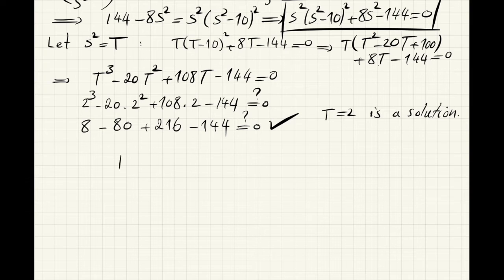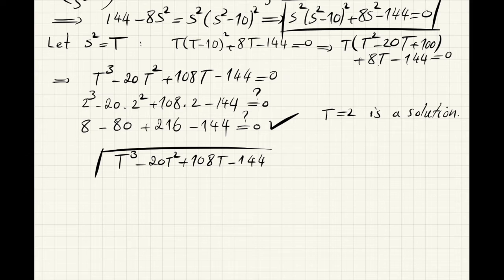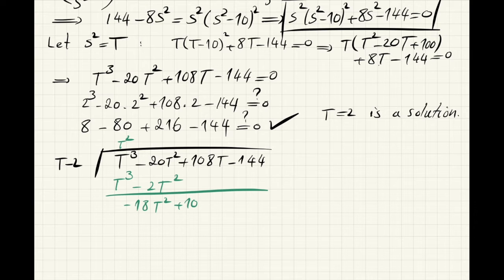So I would write t cubed minus 20t squared plus 108t minus 144, and I divide this by t minus 2, since I know that this would be divisible by t minus 2. So let me change the color to avoid confusion here. So t cubed divided by t becomes t squared, so I multiply it here and then subtract them, so it becomes minus 18t squared plus 108t minus 144.